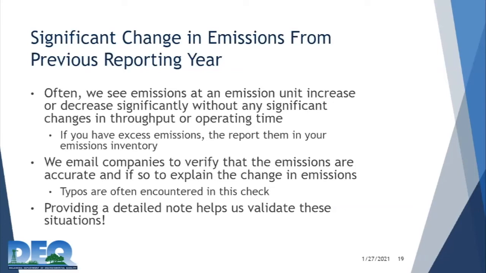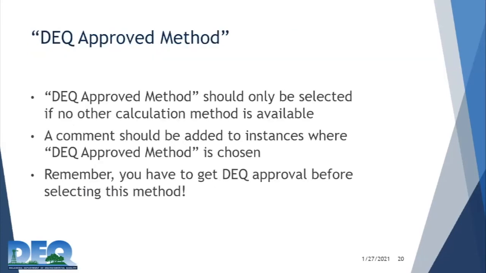But we'll often email companies to verify that emissions are accurate and ask for an explanation in this change, because we often encounter typos with this check. So if you do have a situation where your emissions did significantly change for some reason, it really helps if you provide a detailed note for us. Then we can validate that without needing to contact you.